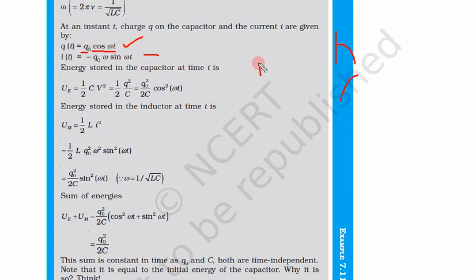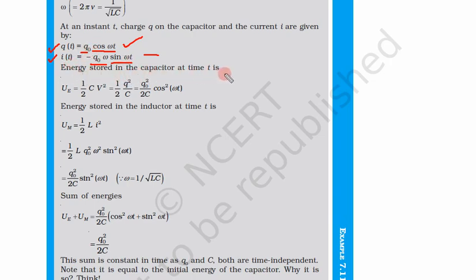So to get the current, we simply differentiate dq by dt, and dq by dt is Q0 cos omega t differentiated, which is minus sin omega t, and this omega comes out once again, so Q0 omega sin omega t. In this way we get the equations for charge and current in the system. So now this gives the charge on the capacitor at any given time, and this gives the equation for current in the circuit at any given time.